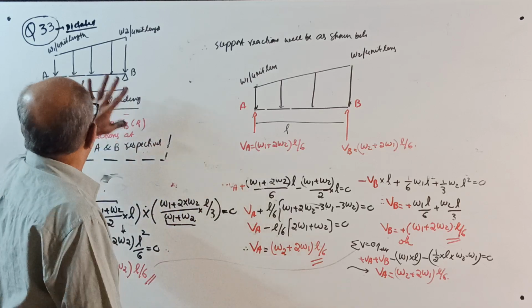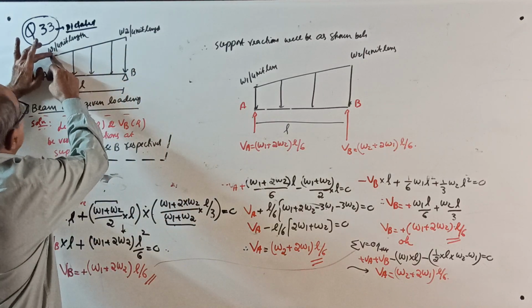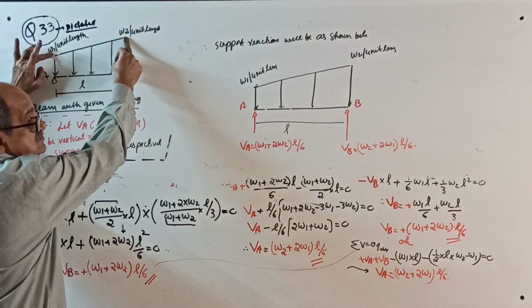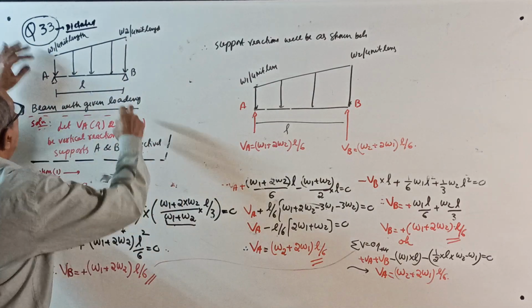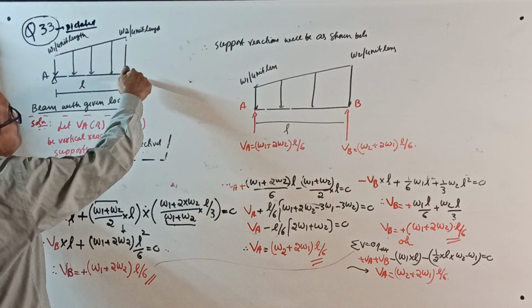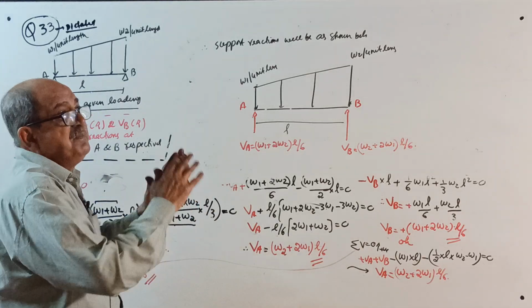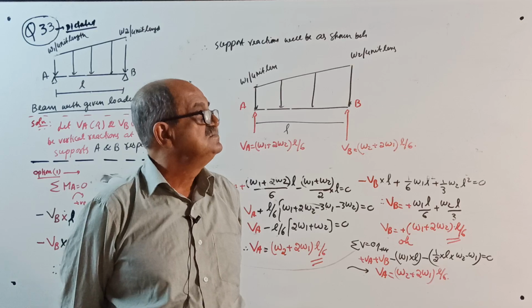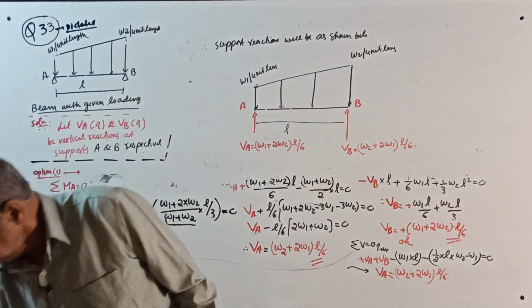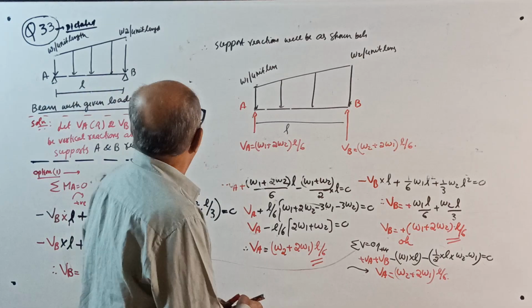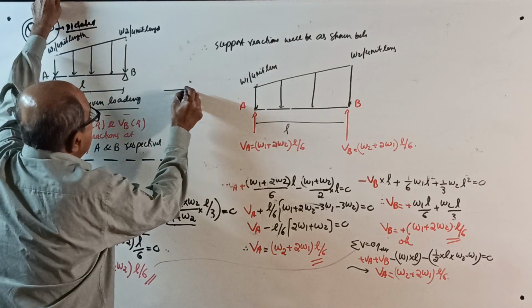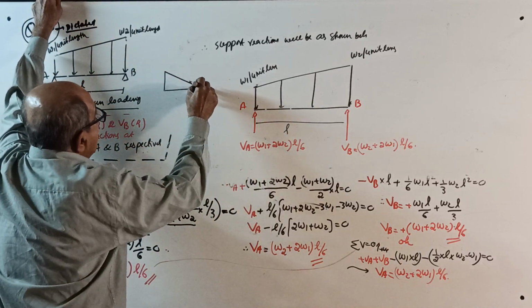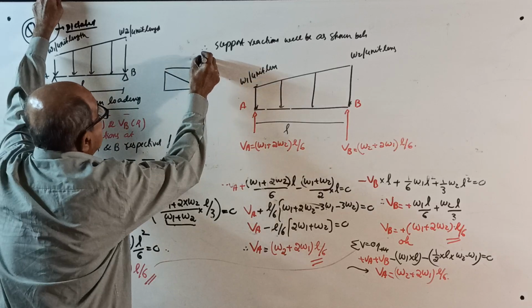I will tell them: W1 here, W2 here. Correct. Then I will put a diagonal line here and replace this by 2 uniformly varying loads. One of the loads is like this, and the other load is like this.